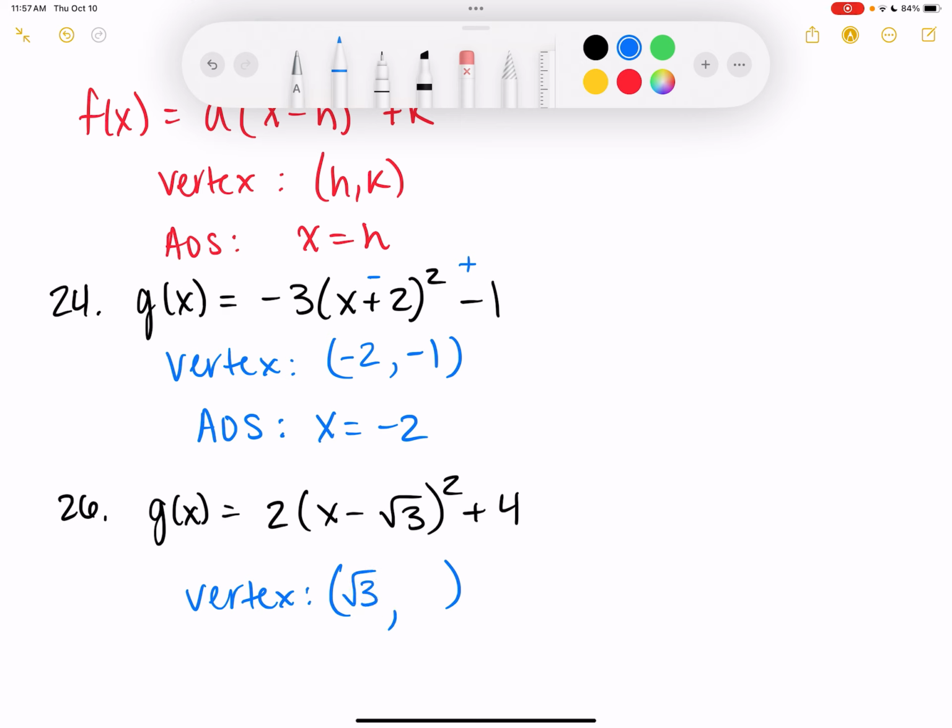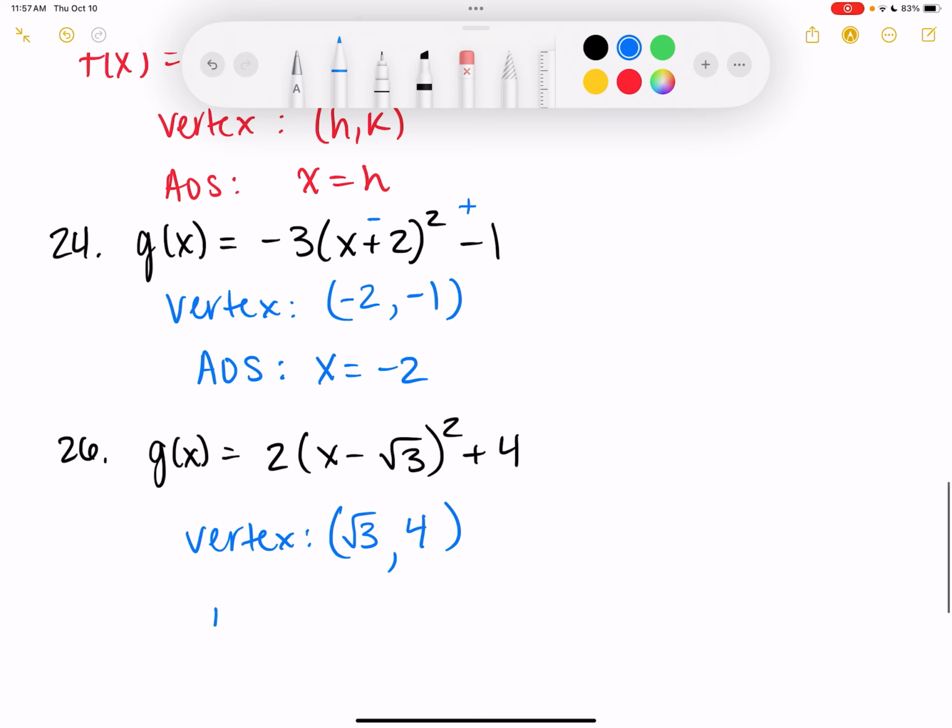Square root of 3 and 4. Yep. Opposite sign here, same sign here. Axis of symmetry. x equals square root of 3.